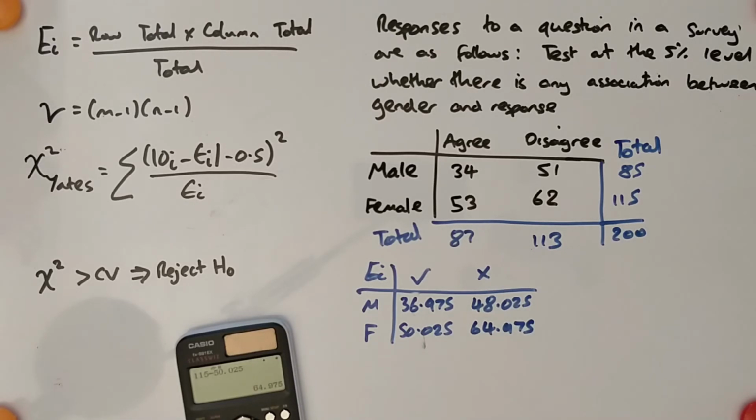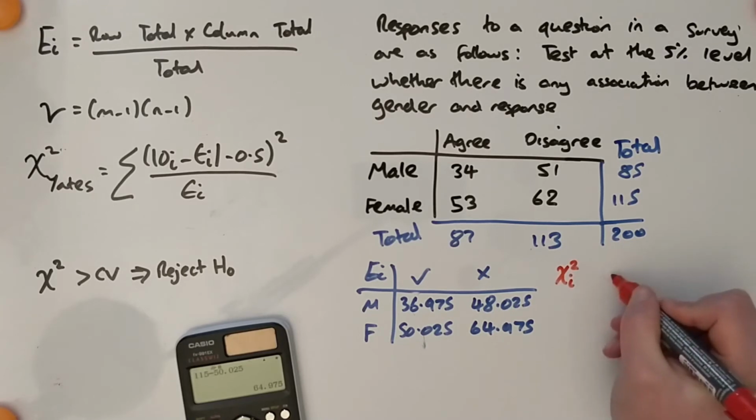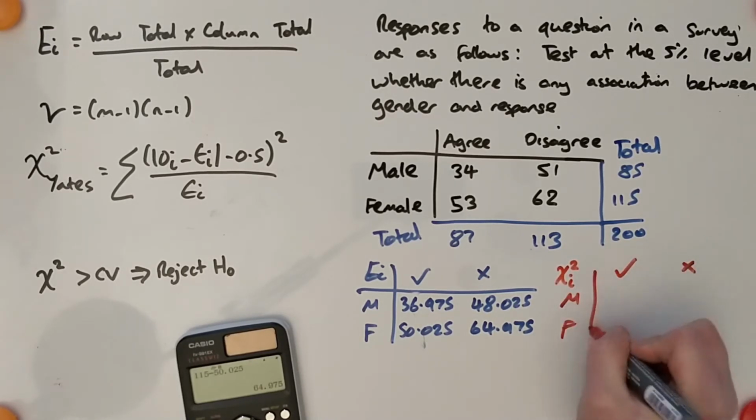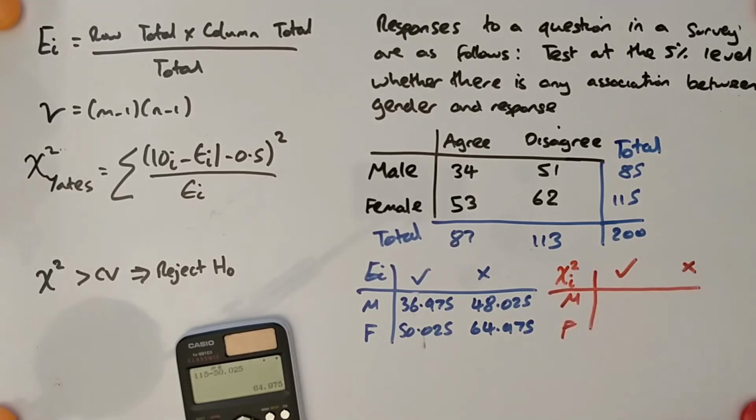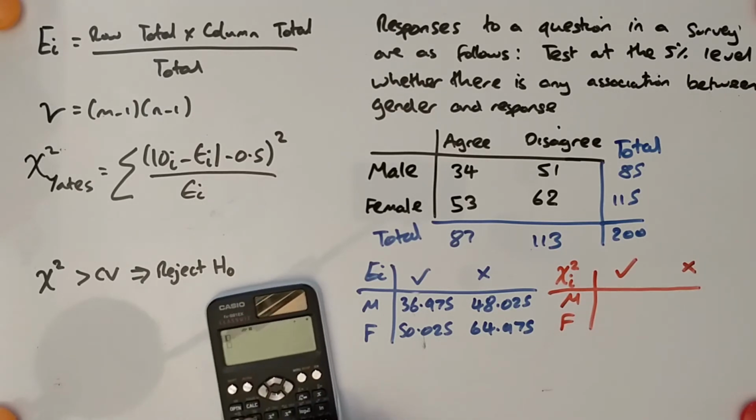Right, so chi-squared values. So we've got yes, and we've got no, and we've got male, and we've got female. Okay, so for this first one here, we're going to do the observed, so 34.